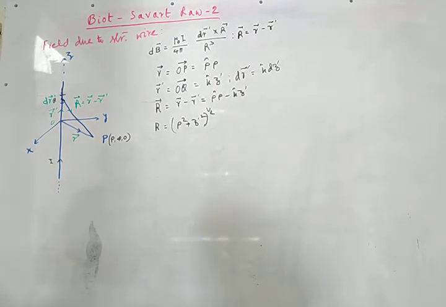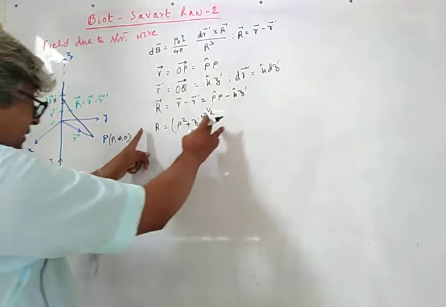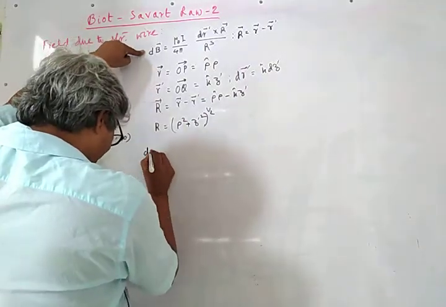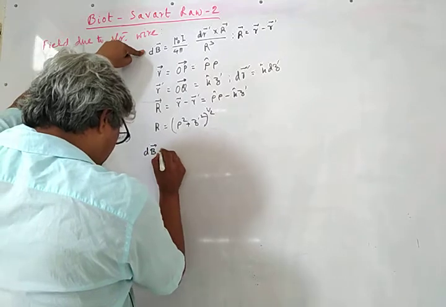That is to say, the problem has a cylindrical symmetry, so use of the cylindrical coordinate system will facilitate calculation to a great extent. So with this knowledge we apply the law to find out the field.